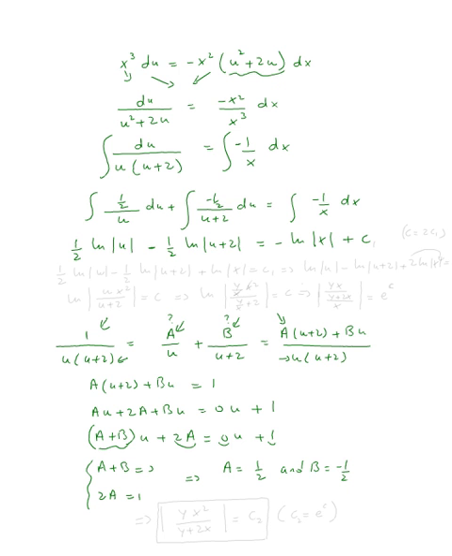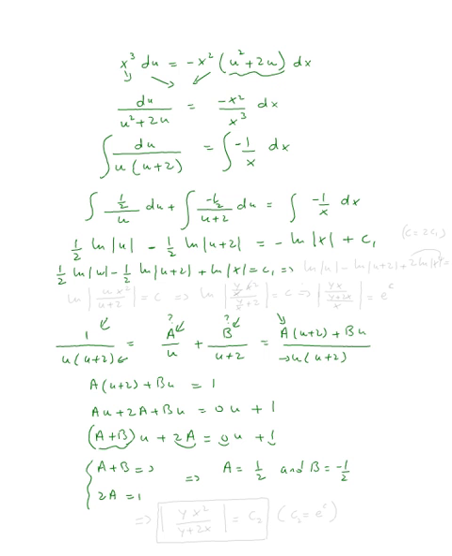Let me try to simplify it more. Let me rewrite it first as 1/2 ln of u minus 1/2 ln of u plus 2 plus ln of x equals a constant. Let's call this C1.